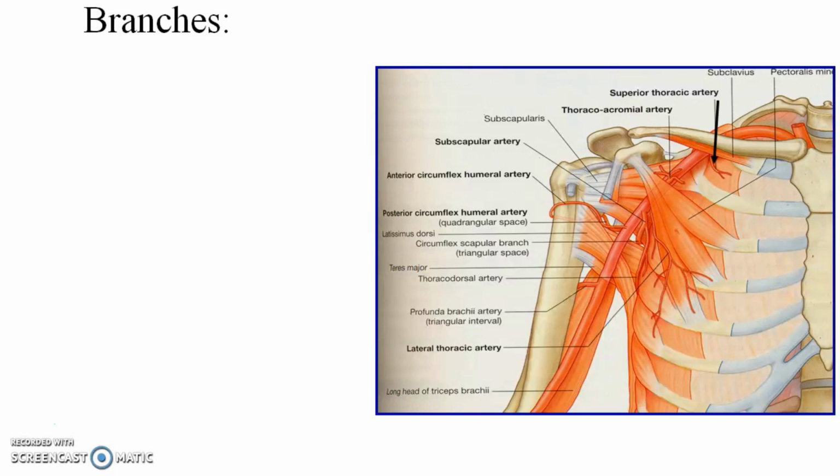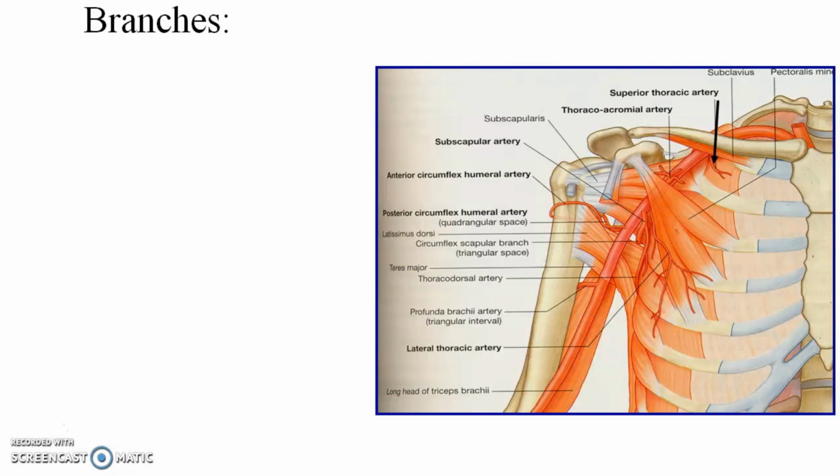You have to remember that we have three parts in the axillary artery, and these three parts have some branches. From the first part we have only one branch, from the second part two branches, and from the third part three branches. So the first part has one branch, that is the superior thoracic artery.